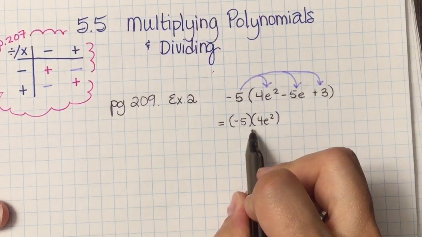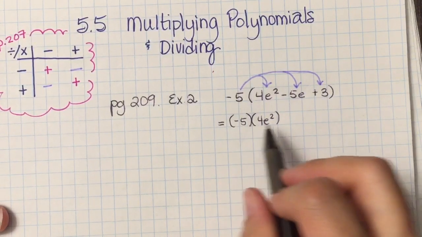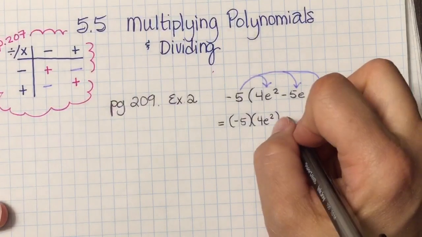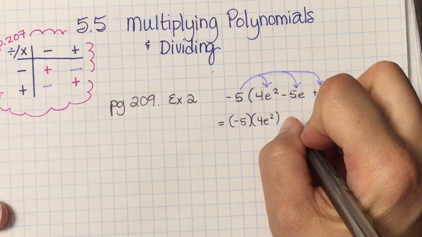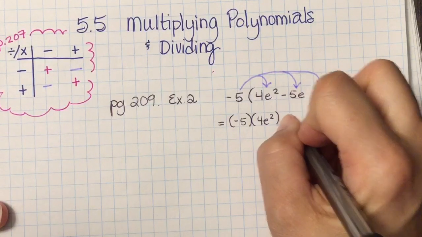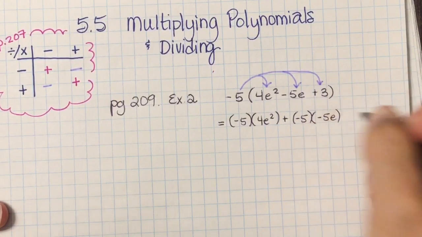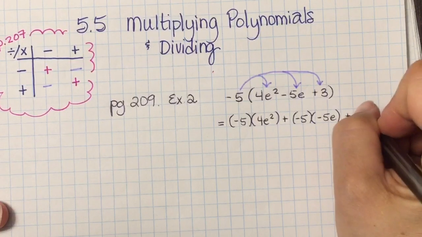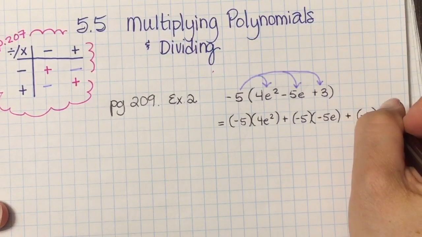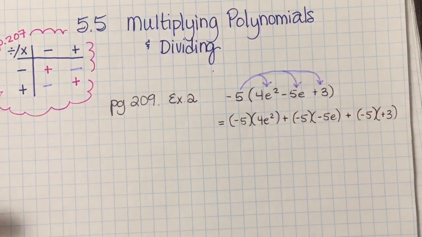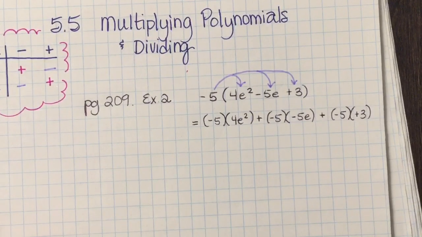And I don't have to write the x because two brackets touching implies multiplying. And then I'm going to have plus minus 5 times minus 5e. And I have plus minus 5 times plus 3. Sorry, whoops, there we go.